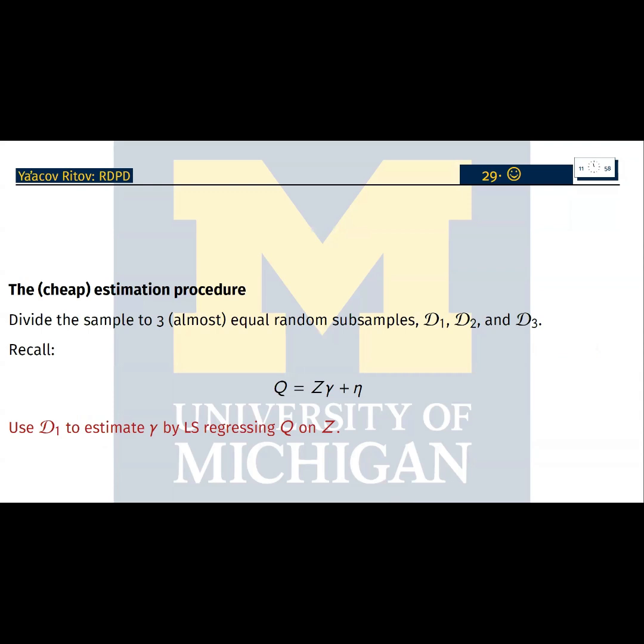What we do. So the trick is because we do subsampling. That is, we divide the sample into 3 subsamples, D1, D2, D3. And we start, on one of the subsamples, estimating gamma of this simple regression function.